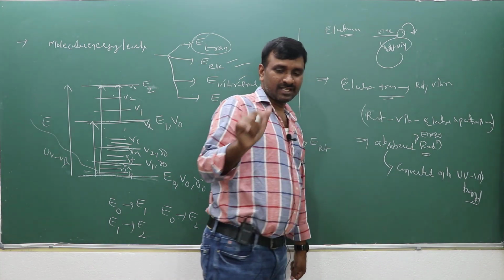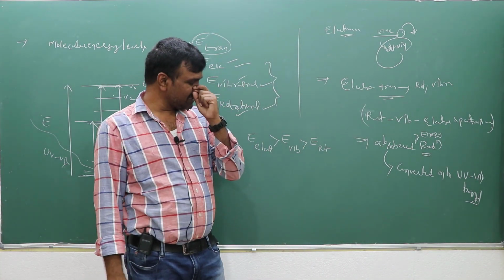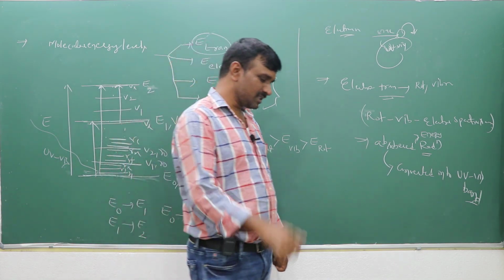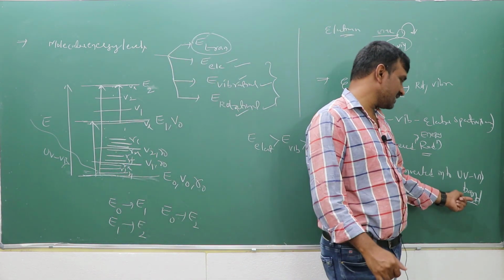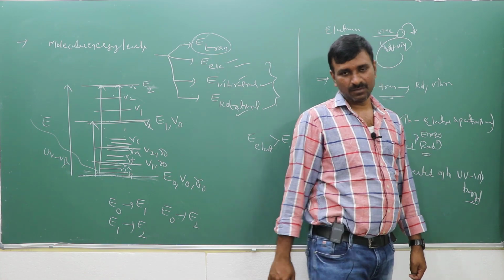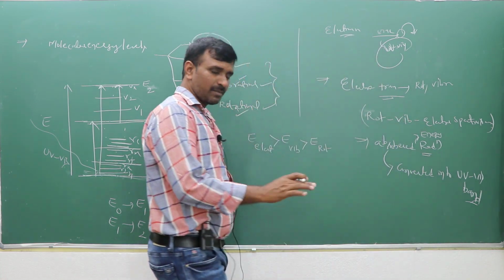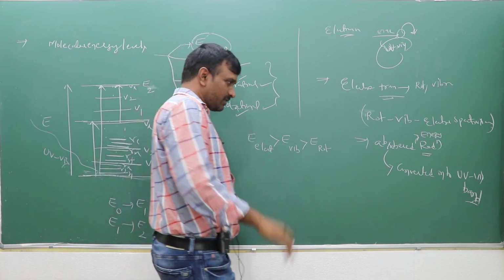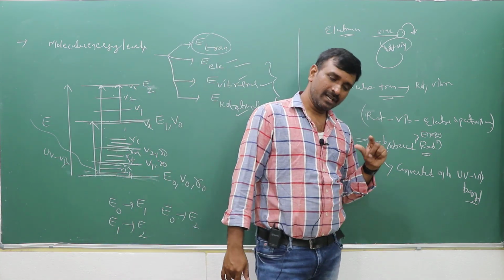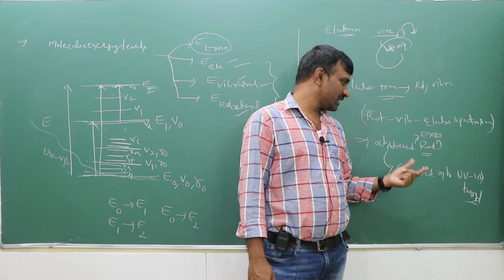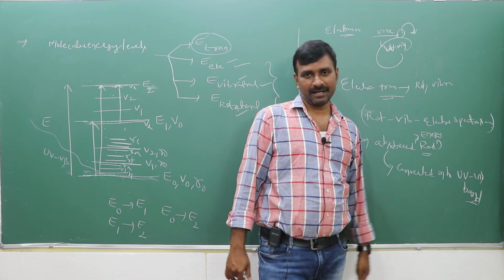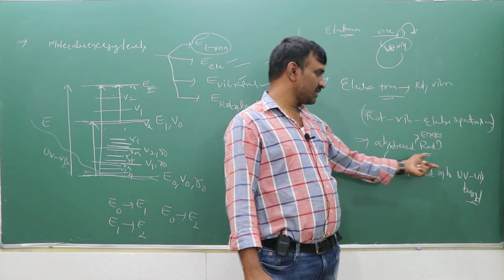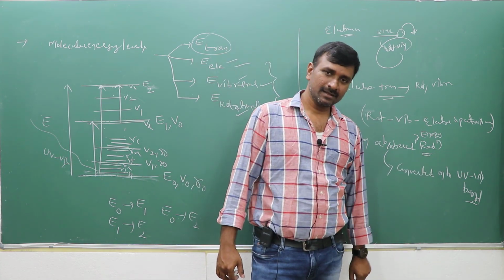Here, instead of sharp signals, broad signals are possible. Broad peaks are considered as a band. That means sharp signals are not identified in UV visible spectroscopy. So the absorbed radiation will be converted to a UV visible band.